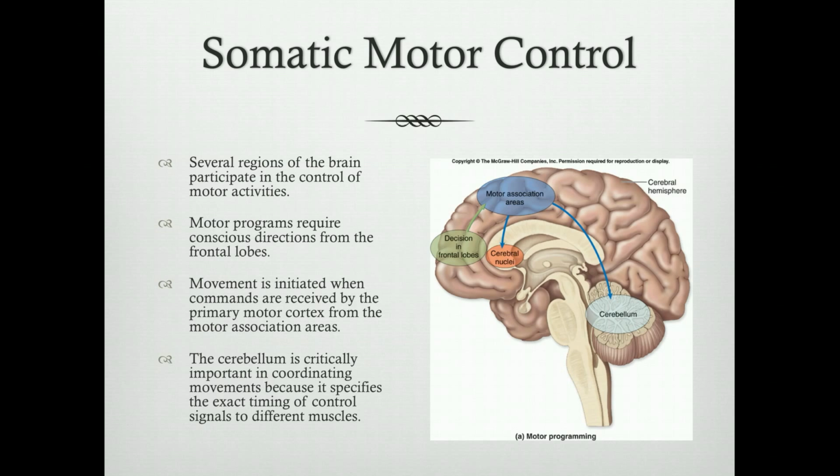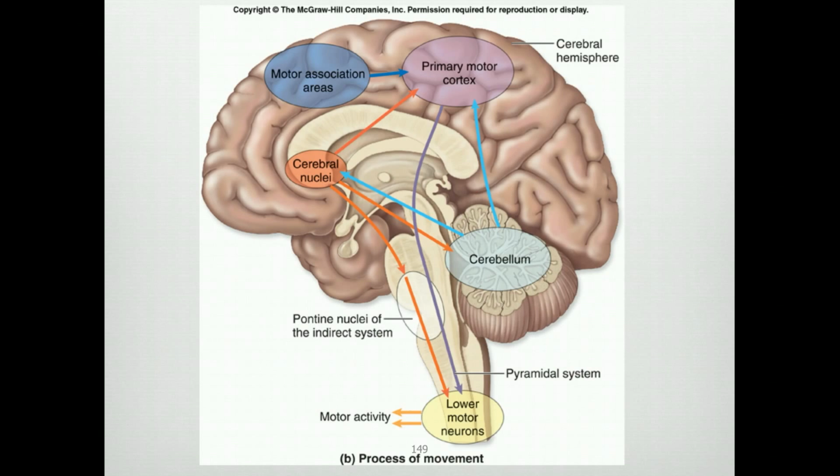When do I relax and whatnot in order to properly do whatever task it is that we were going to do? And so you see from this figure here, there's a lot of back and forth and backwards flow, almost like a reverberating circuit, as we talked about before in neuronal pools or circuits.